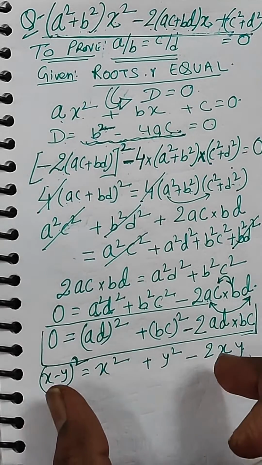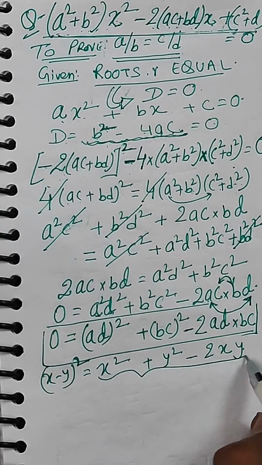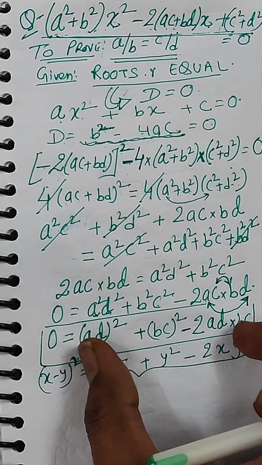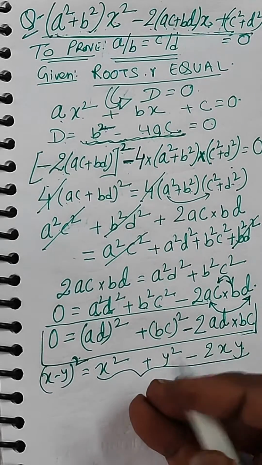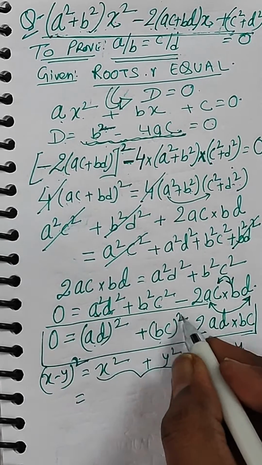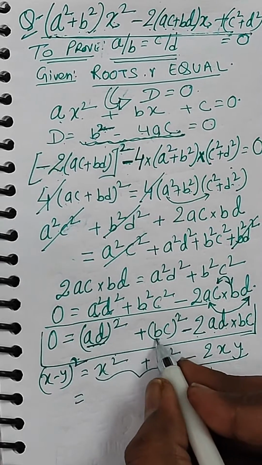So from here we can write the RHS as x minus y whole square. So the above simplified version of the quadratic equation can be written as x square plus y square minus 2 times xy, where x is AD, y is BC.